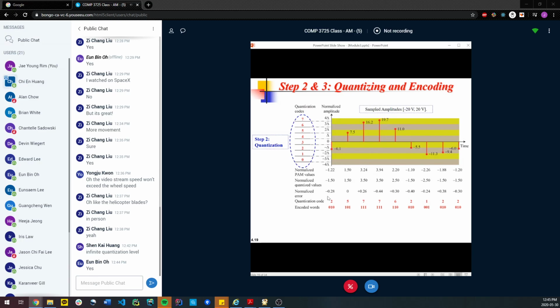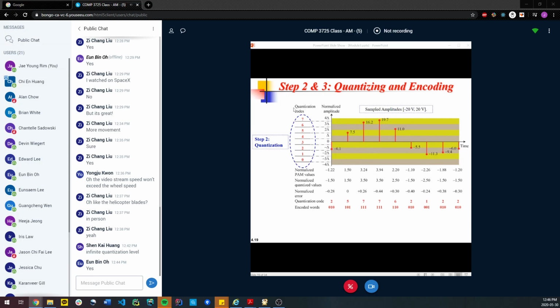So this third row here, sorry, is the error that is introduced to all of these quantizations, which means what I really want is for this normalized error to be 0. But obviously, we know that if I want to have the normalized error be 0, then I would need, as Zi Chang said, an infinite number of levels. Sorry, Shankai. And obviously, that's not doable. So I'm always going to have errors.